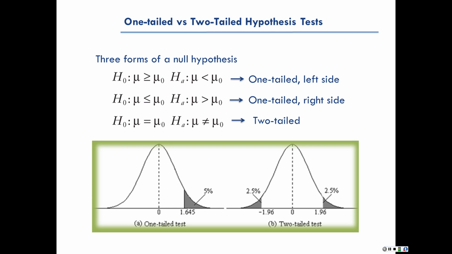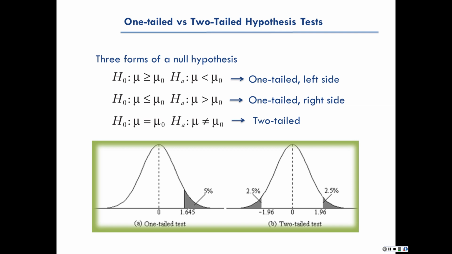So say again, we're talking about BMI in a population, and we thought based on our sample the mean value was actually less than 25. Our null hypothesis would be then that it's greater than or equal to 25. And so that null hypothesis would cover the entire upper 95th percentile of the distribution, and we would be looking just at the 5% on the lower end of the distribution.